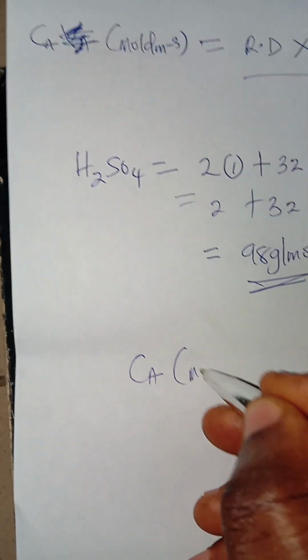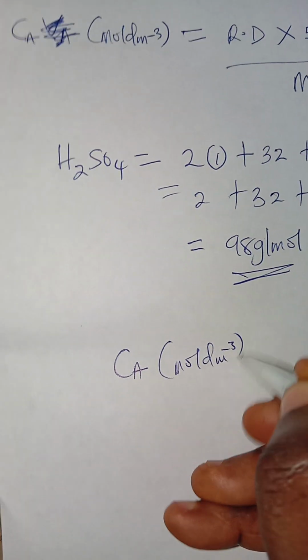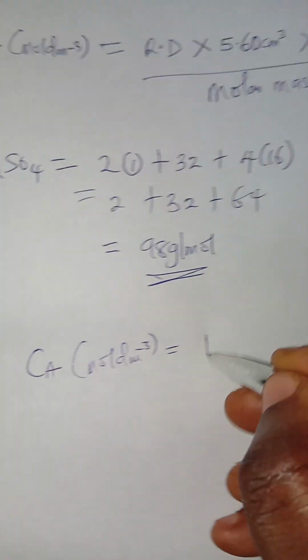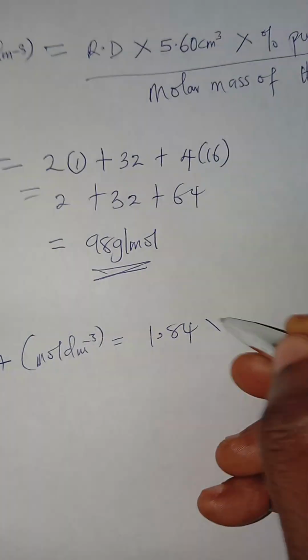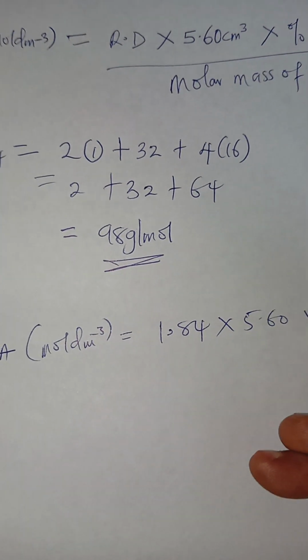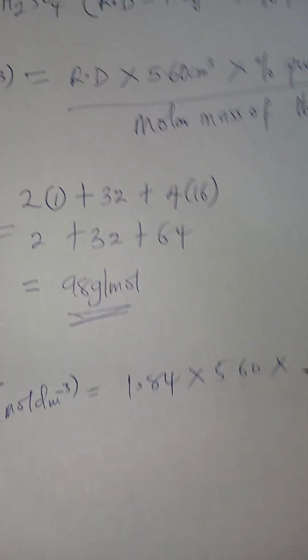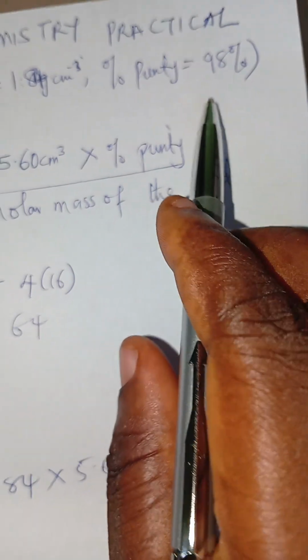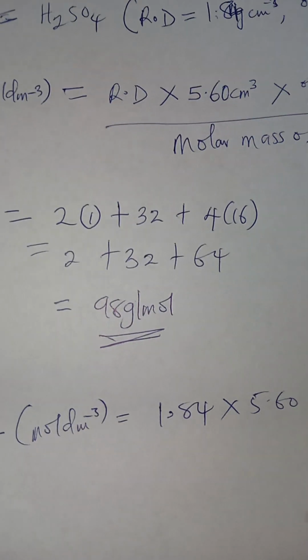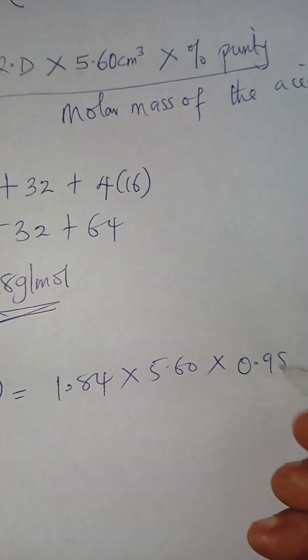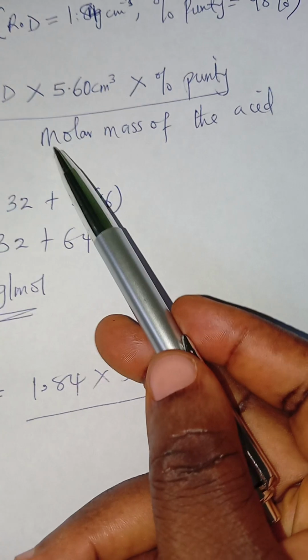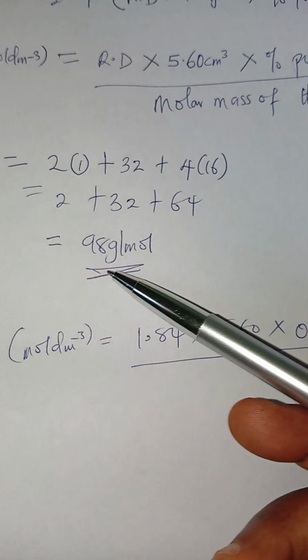All right, so let's put in our values and see what we have to get the concentration of the acid in mole per dm cube. Okay, we'll have relative density 1.84 multiplied by 5.60 multiplied by the percentage purity, which is 98%, that's 0.98, divided by the molar mass of the acid, which we calculated to be 98.